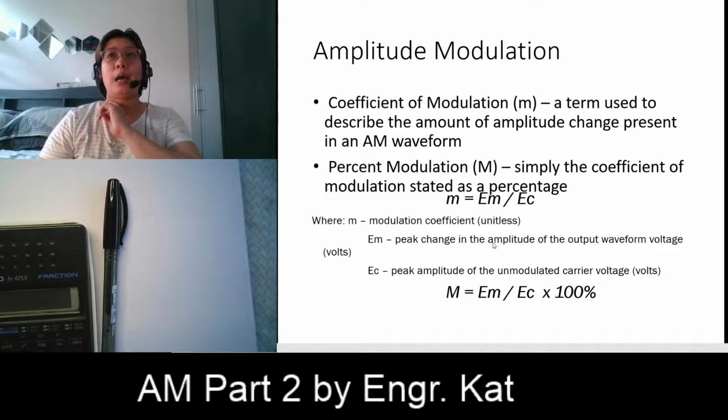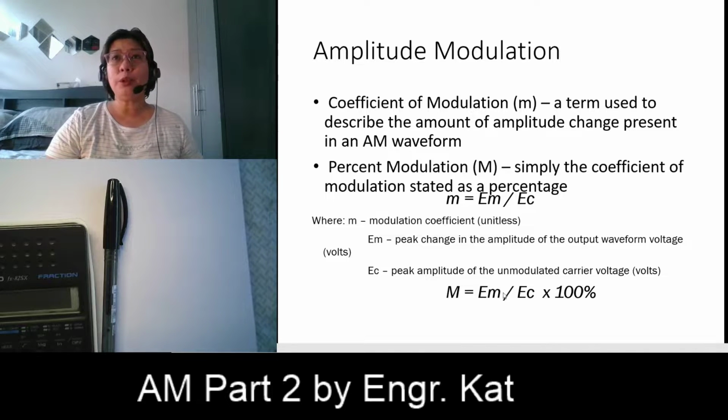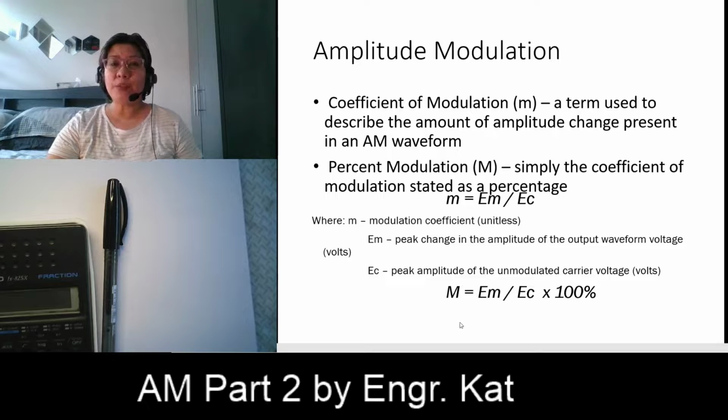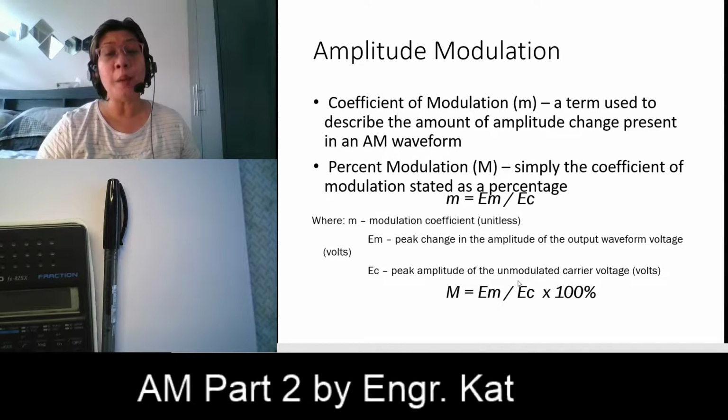They are both in terms of voltage, so the units cancel out, leaving our modulation coefficient unitless. Multiplying it by 100 gives us our percent modulation, or our capital M.